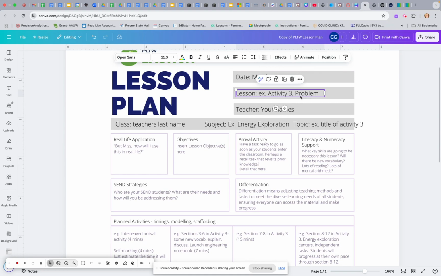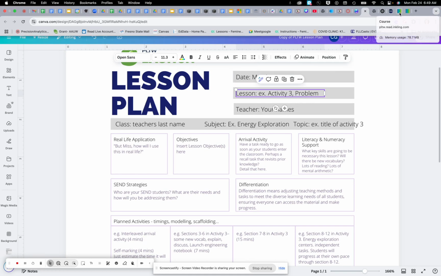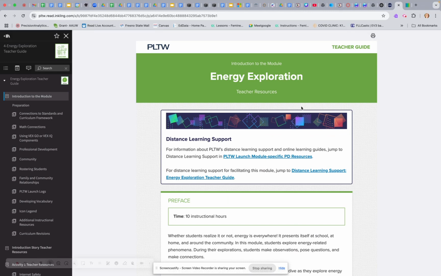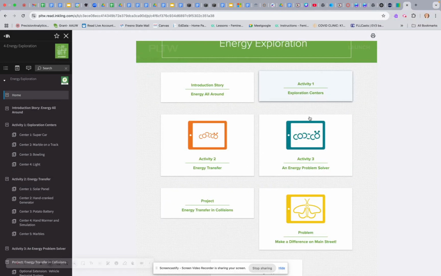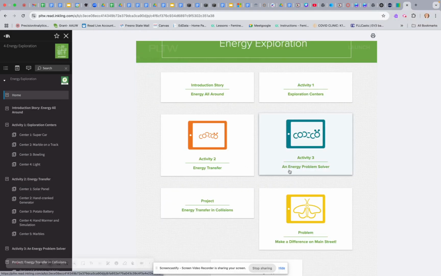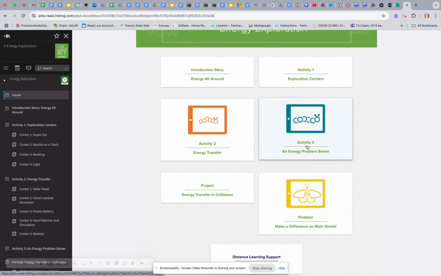So when you're looking at your lesson and you're referencing, say you're doing 4th grade energy exploration, well, that's the teacher guide. Wrong thing. And you may have been in activity 3.